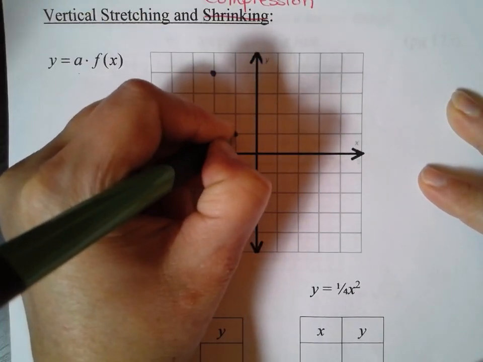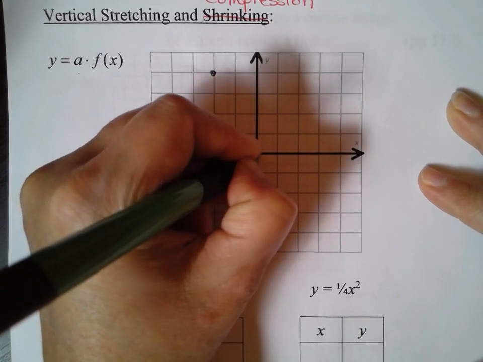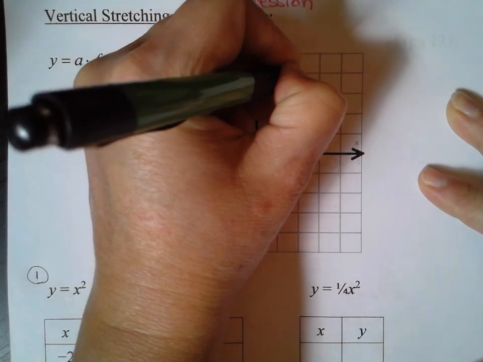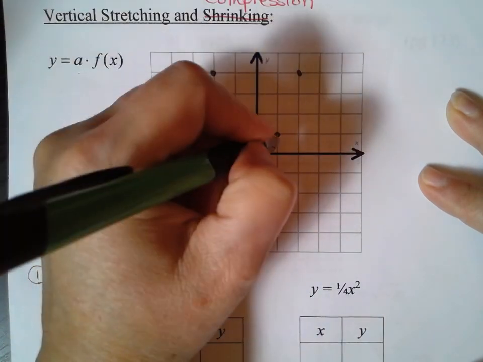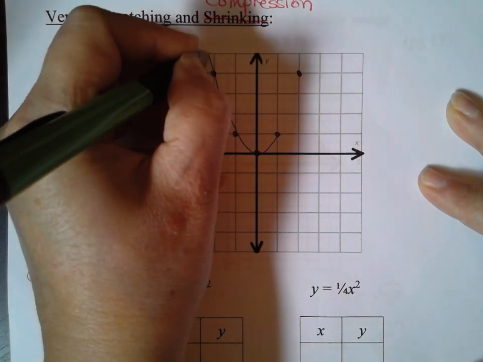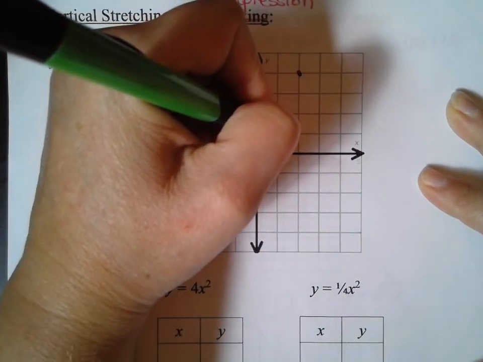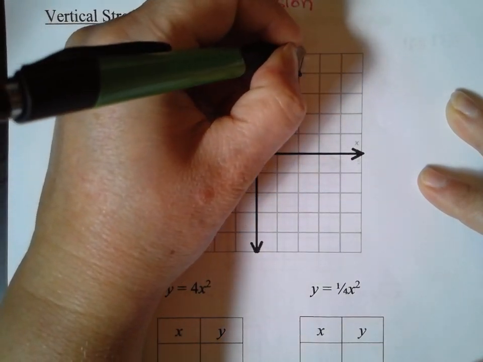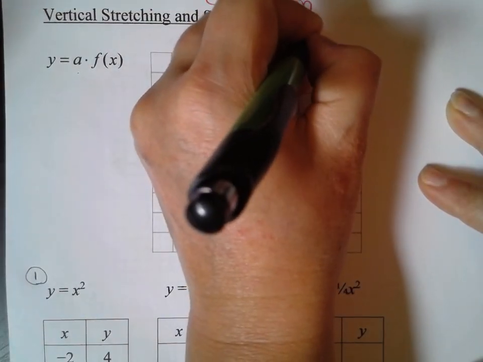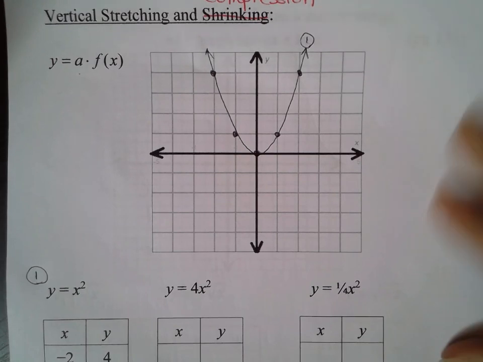Because this is the standard parabola, the basic one, this is the parabola that we're going to compare the other graphs to. And we're going to graph all three of these on the same grid today so you can see how they compare to one another. So this would be the basic graph.